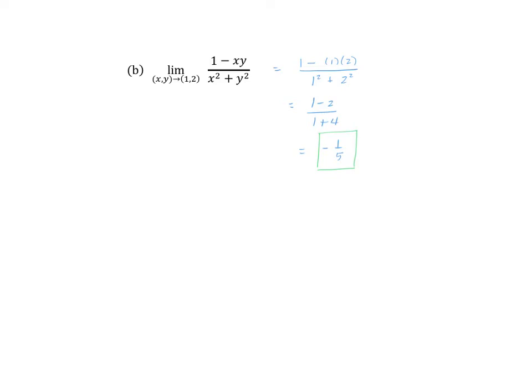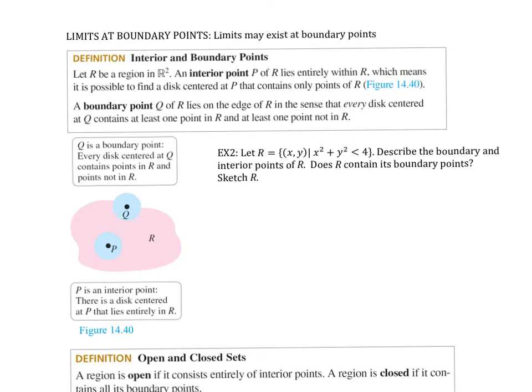But it may not be. So our region that contains our points x, y, sometimes it'll have a boundary. And if it has a boundary, sometimes the limit will exist on the boundary point, sometimes it won't.